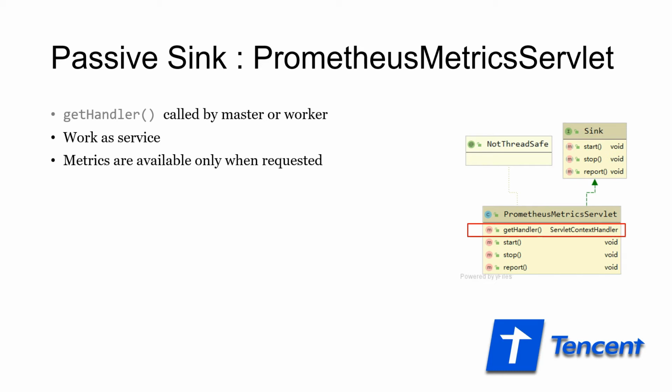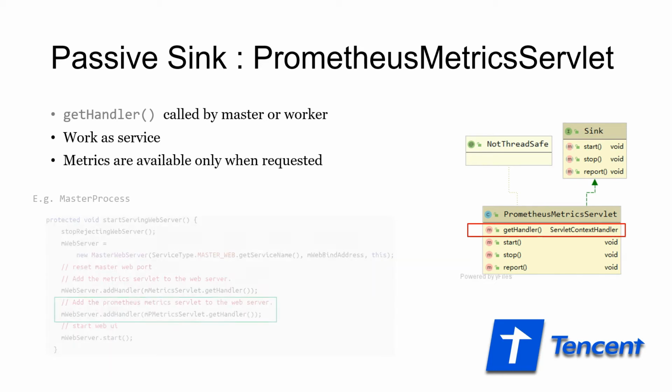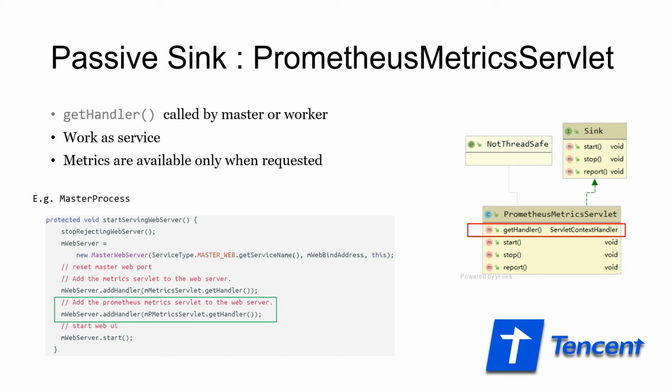For example, in the start serving web server method of the master process, the Prometheus handler is added to the web server. Then we can access the specific location of the master web server, and we can get the metrics in the format of Prometheus.